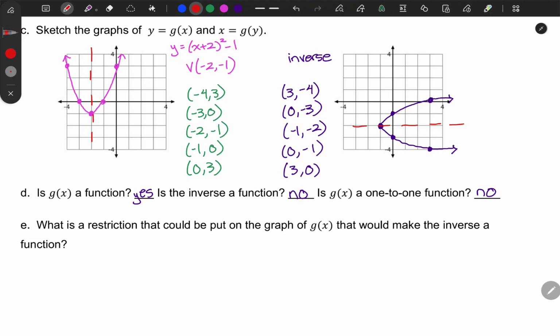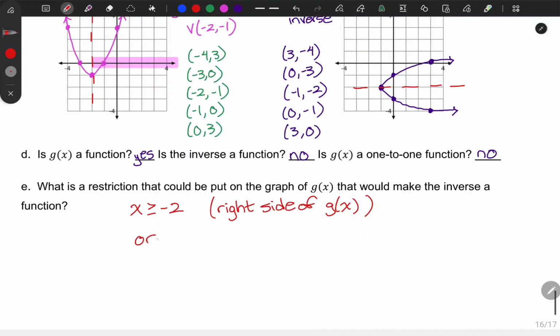The right side would be this side of the graph here, and think about what x values that would be. If we look at our x-axis, what x values is that? That's everything where x is greater than or equal to -2. That would be the right side of g of x. And that would only give us half, then the inverse would be a function.